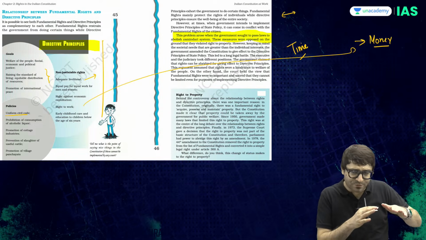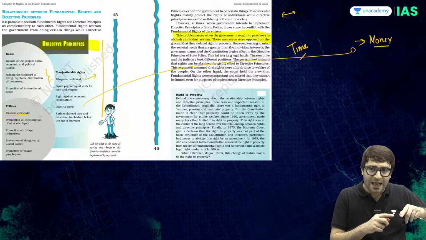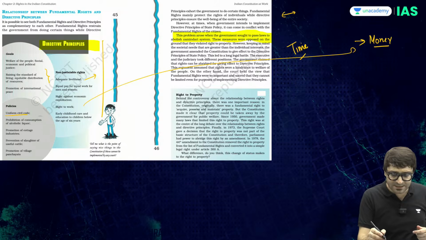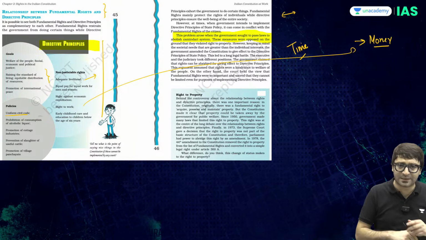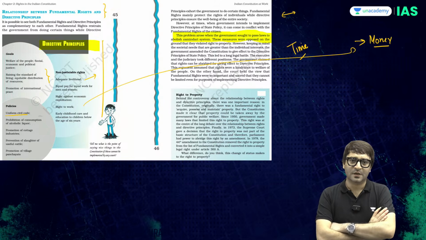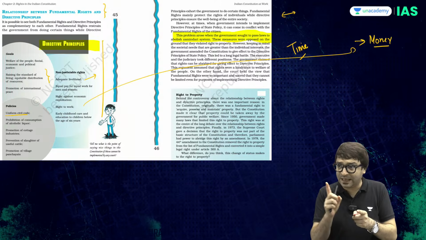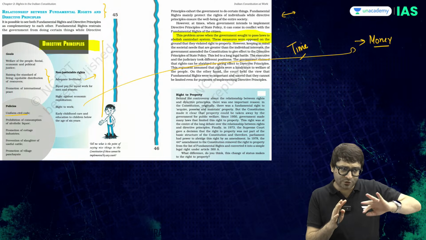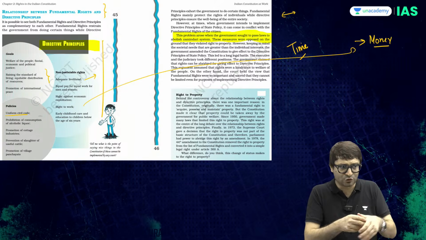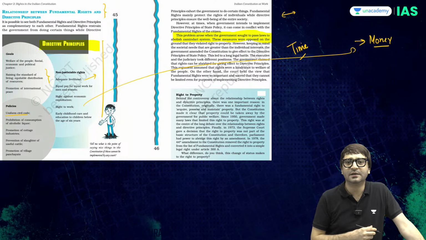But if these directive principles are fundamental for the governance of the country, and it shall be the duty of the state to implement them, what is then the relationship between fundamental rights and directive principles? If, for example, I told you material resources that we have, land, should be so distributed as to subserve the common good, so that it leads to larger good for larger sections of society.